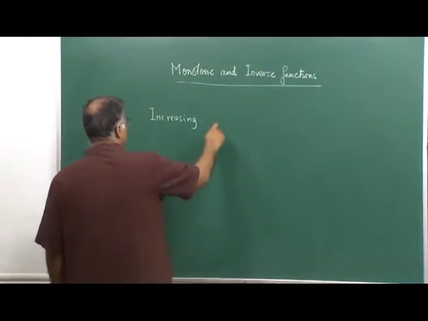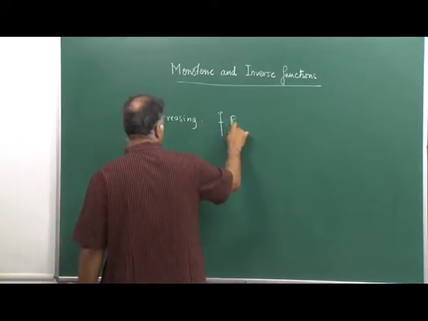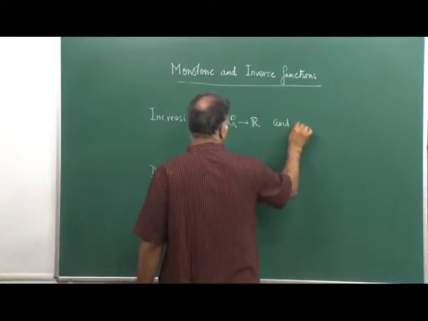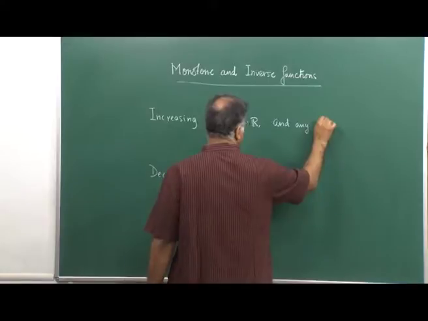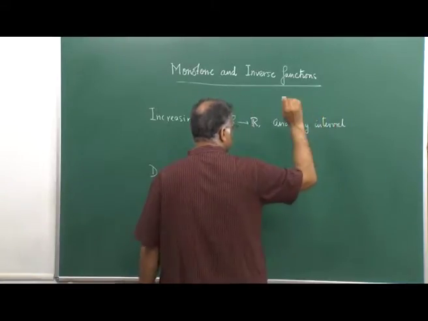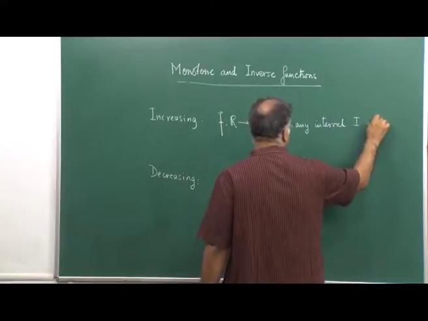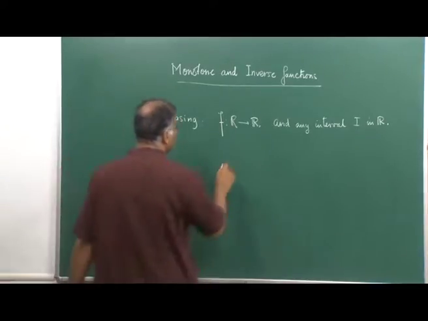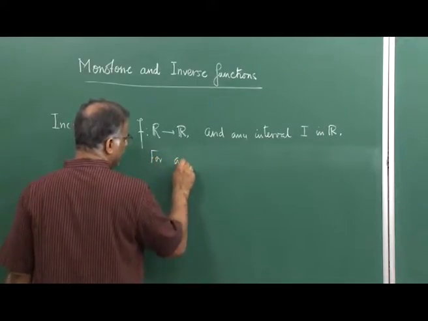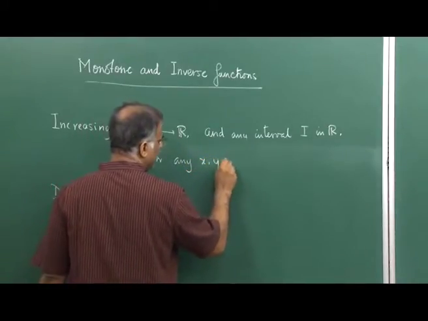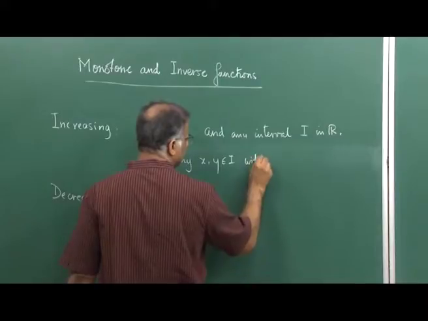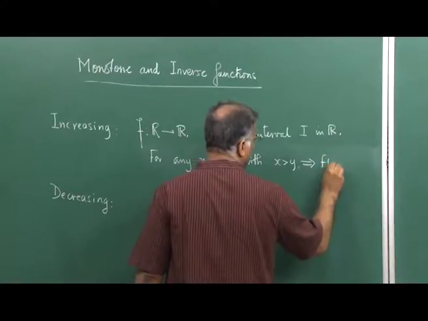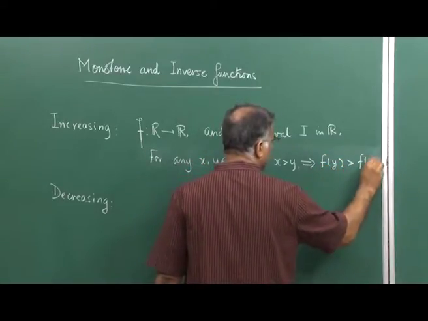Take any function f, say from R to R, and an interval I in R. If for any x, y in I with x greater than y, it implies that fy is strictly bigger than fx, then the function is called increasing.